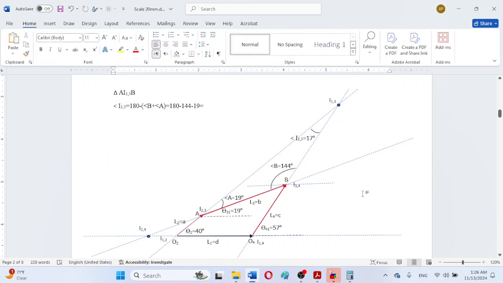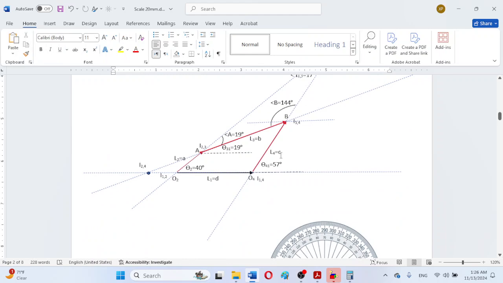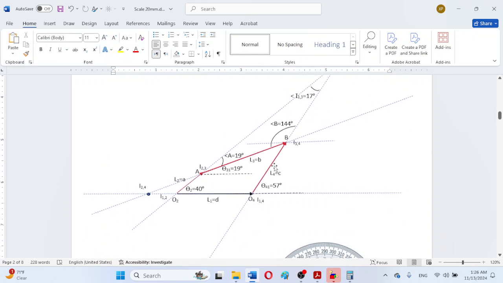So as it can be observed here, this angle, as we can observe the cursor is at this location, this angle is theta 41, the coupler angle 57 degrees.